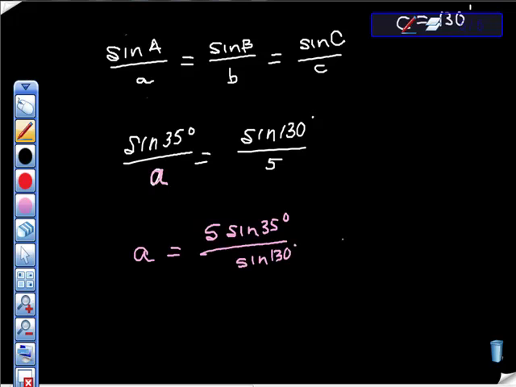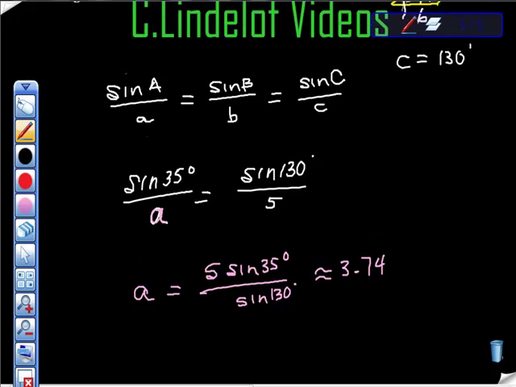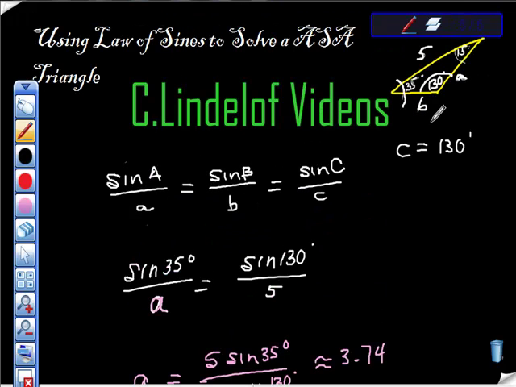From here, you use your calculator and get an approximated value, which I actually hate, but the value is 3.74. So side length A is 3.74. We have everything solved except for this B value.